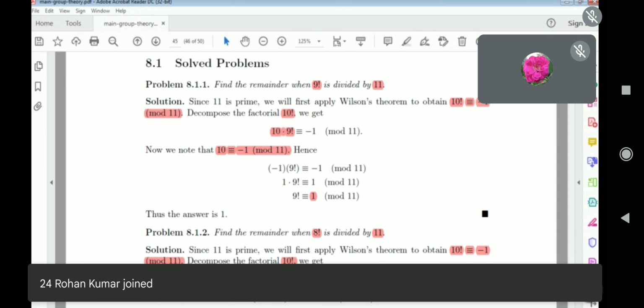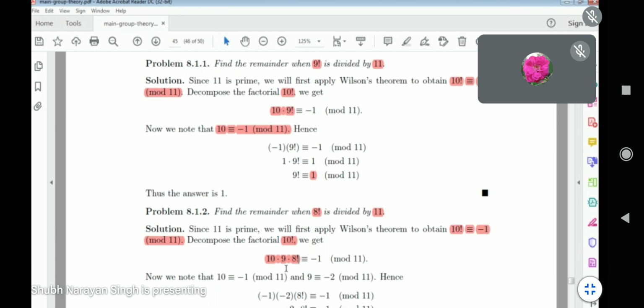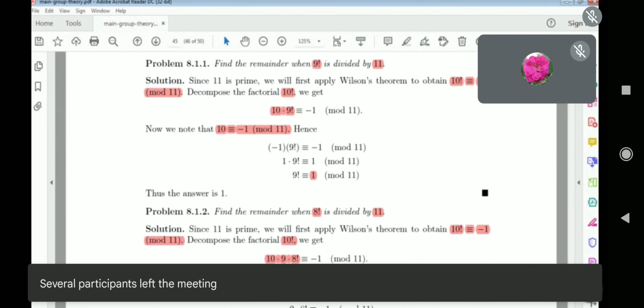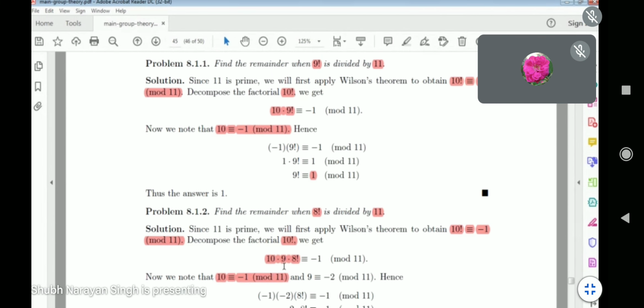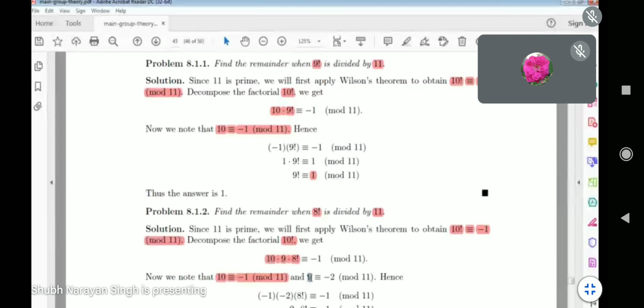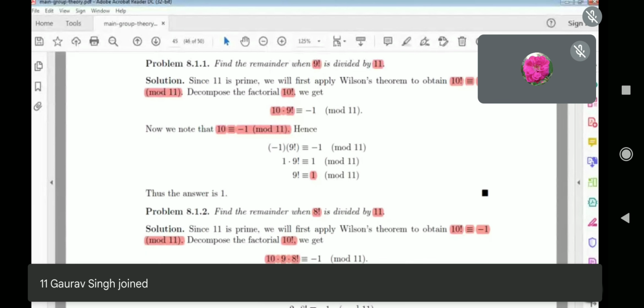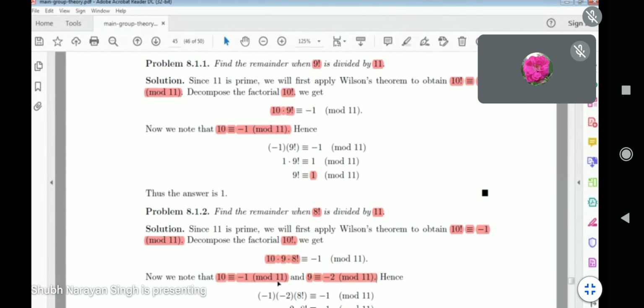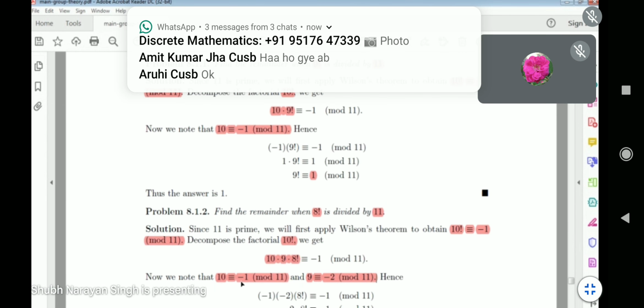For that, I observed that 10 is congruent to minus 1 modulo 11, and also 9 is congruent to minus 2 modulo 11. That means in the modulo 11 system, 10 is the same as minus 1; the value of both remains the same. And in the modulo 11 system, 9 and minus 2 are the same number.